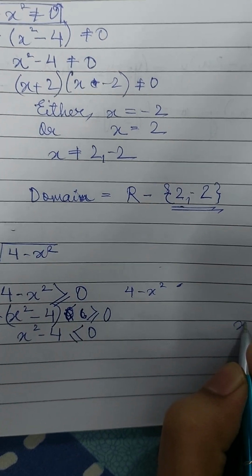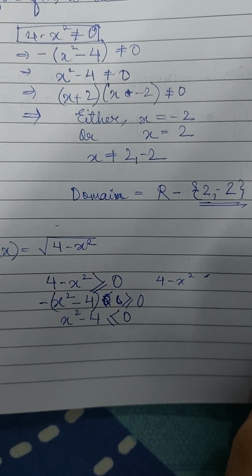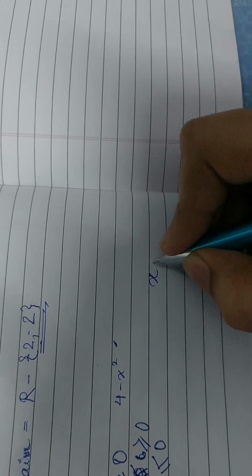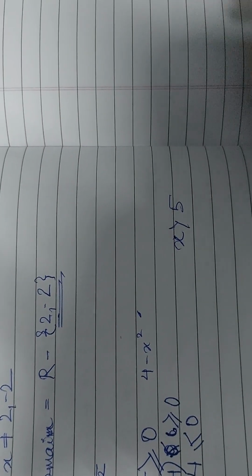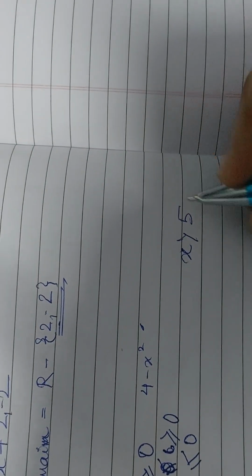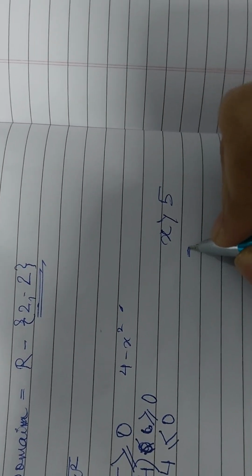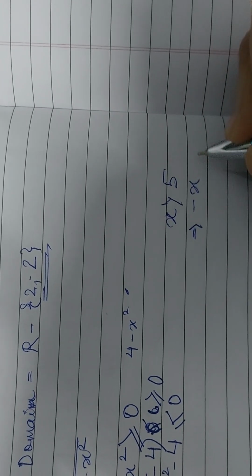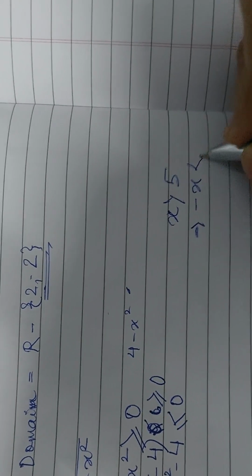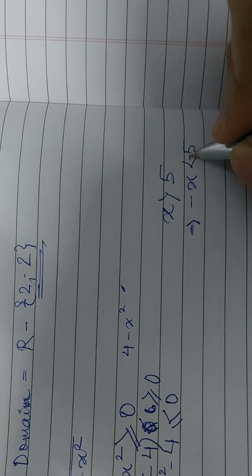Just to explain why we do this sign change, suppose x is greater than 5. If we change the sign, then this will be lesser than minus 5.